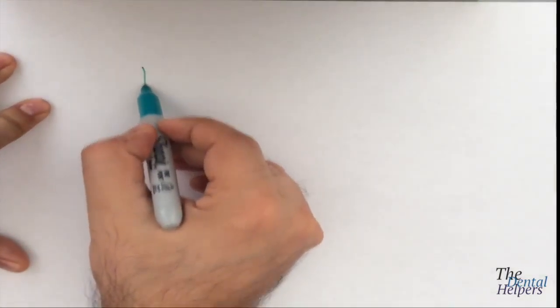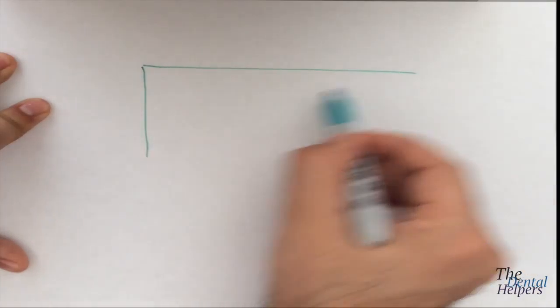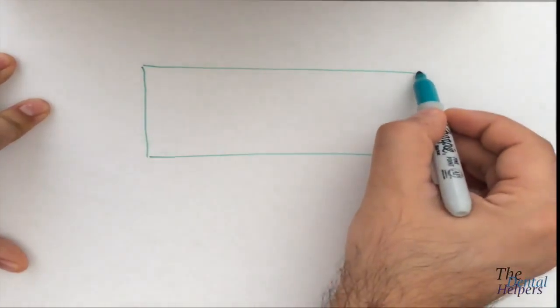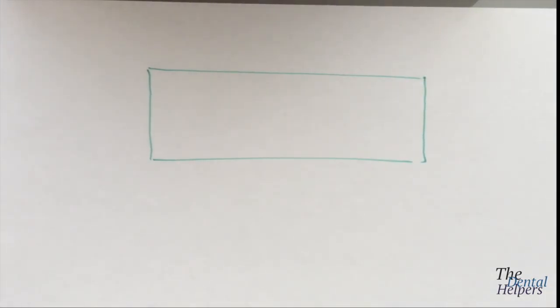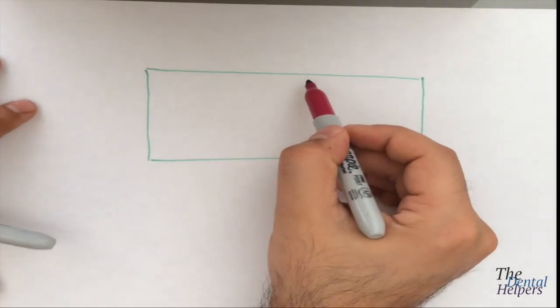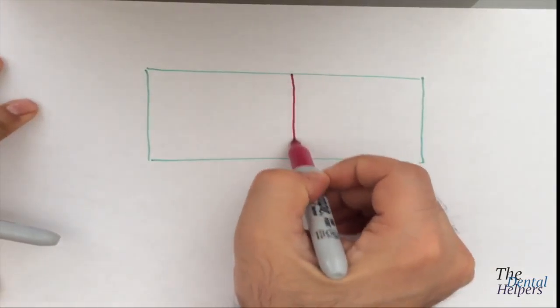So now if we look at the actual extracellular and intracellular fluids themselves, what we have here is a membrane. So we've got our cell membrane right here.